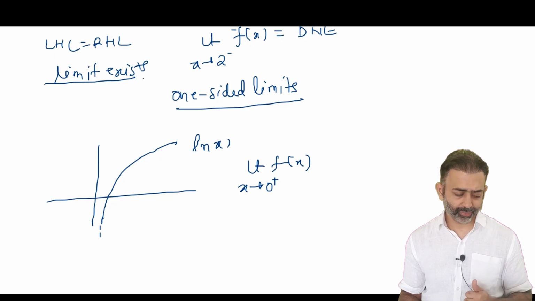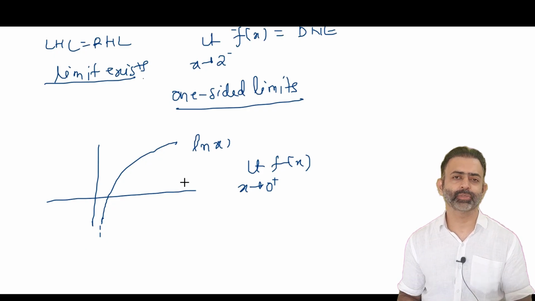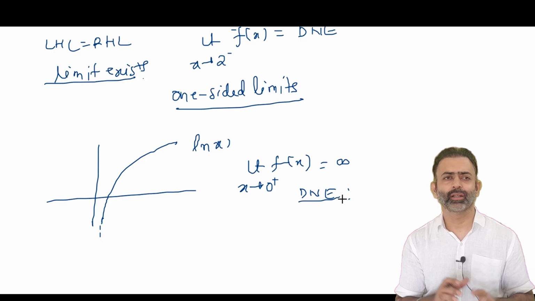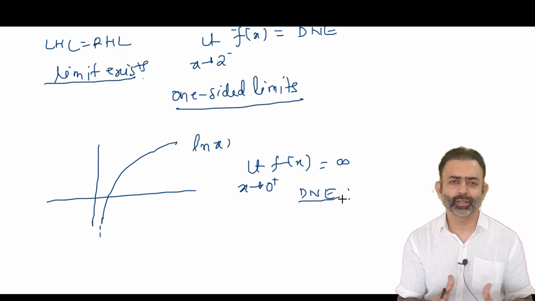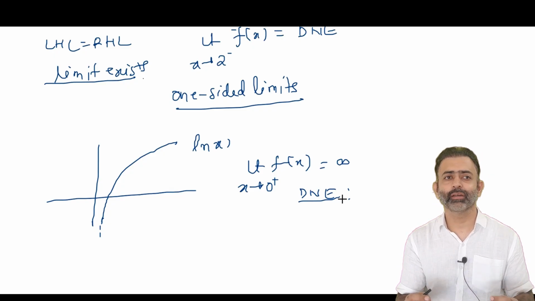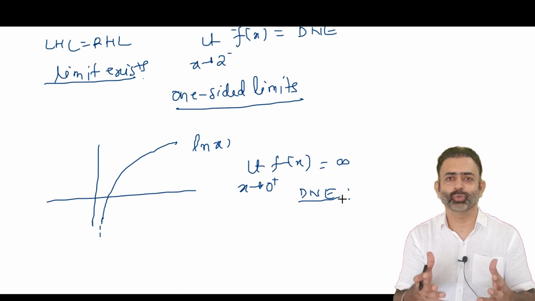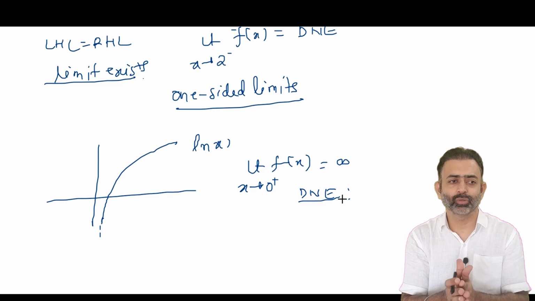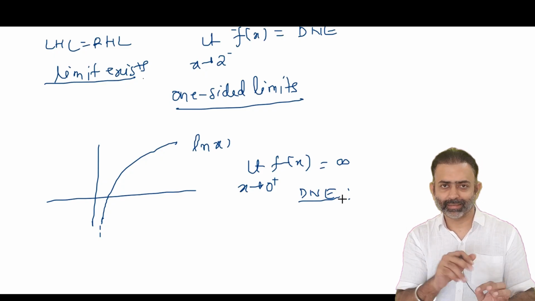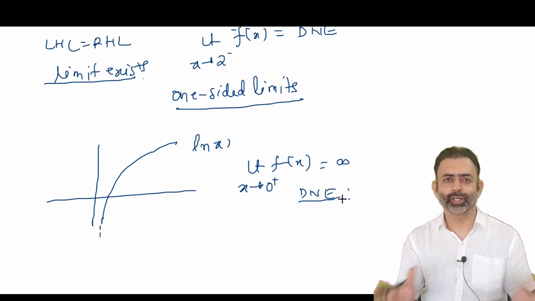So when the limit of any function at any point comes out to be infinite, we say that the limit does not exist. Why? Because infinity is not a number. It is a very big quantity, of course, but we do not have any method to count or measure it. The sign of infinity is just to represent a big quantity.